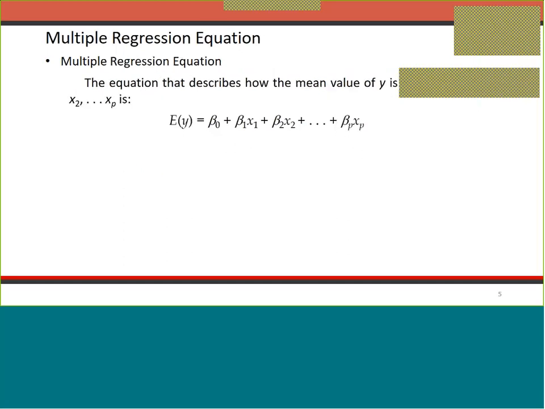The estimated regression equation likewise is given by the expectation of y equals beta naught plus beta 1 x1 plus beta 2 x2, and so on, plus beta p xp.